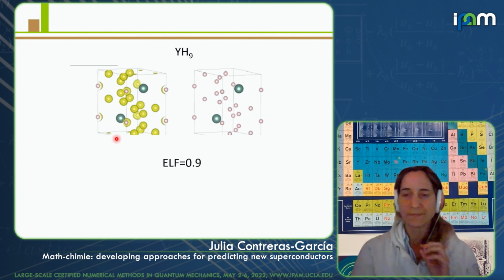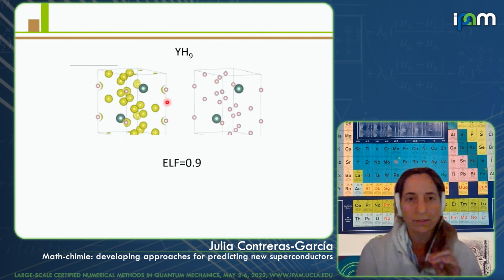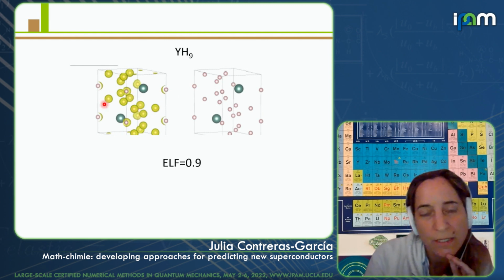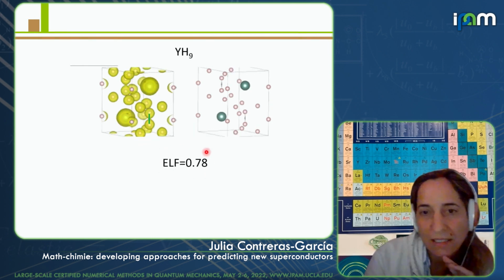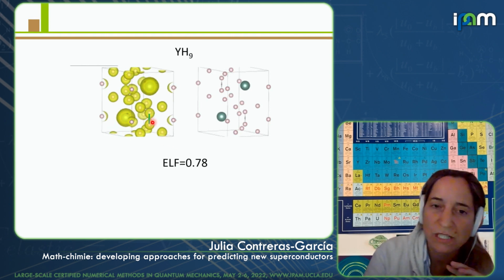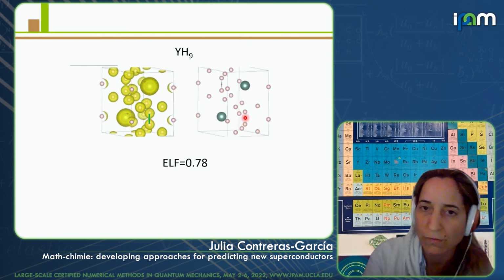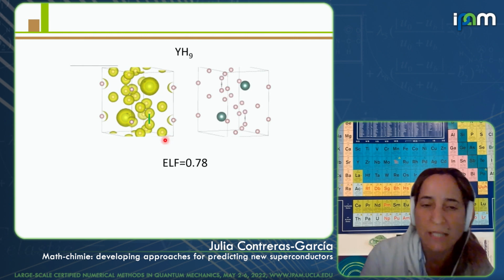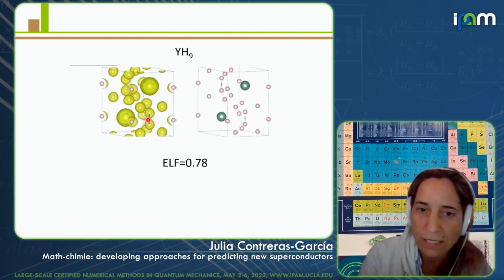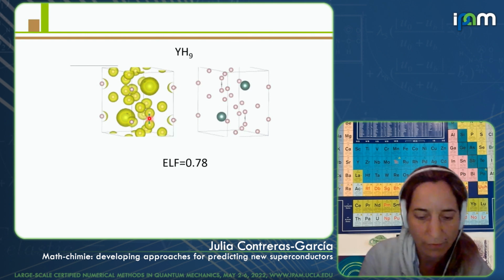So let's start from this yttrium example. We have this yttrium cell, and this is the electron localization function at a very high value, 0.9. We start diminishing, and some connections appear that I'm plotting on the right. That actually means that we have a new saddle point appearing in our field.